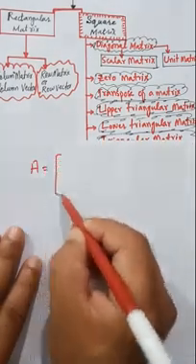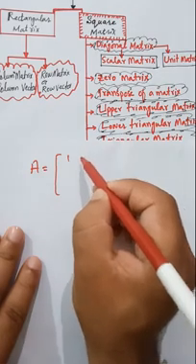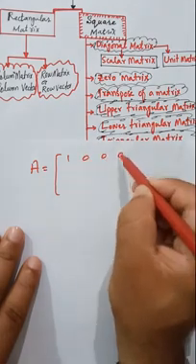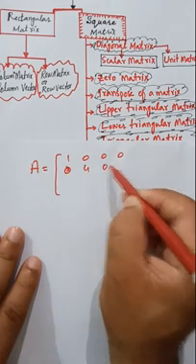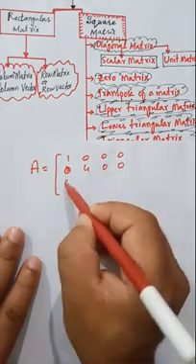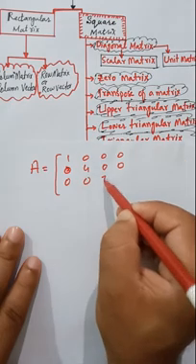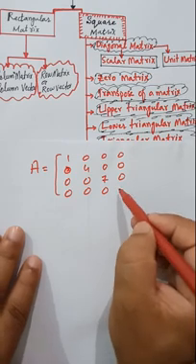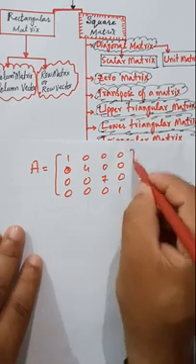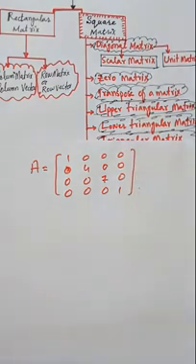Let's say A is a diagonal matrix with diagonal entries 1, 4, 7, and 1, and zeros elsewhere.